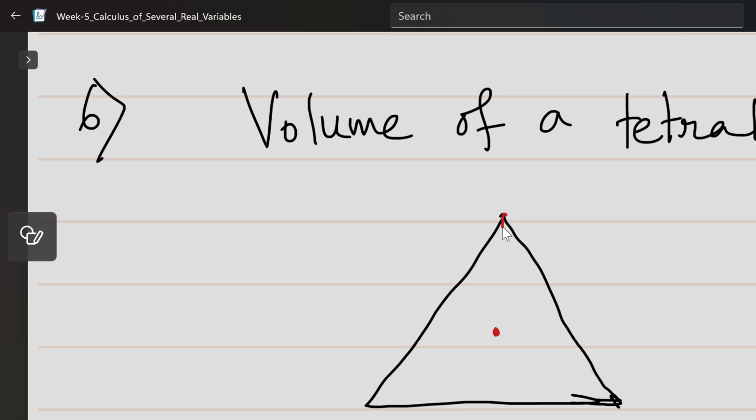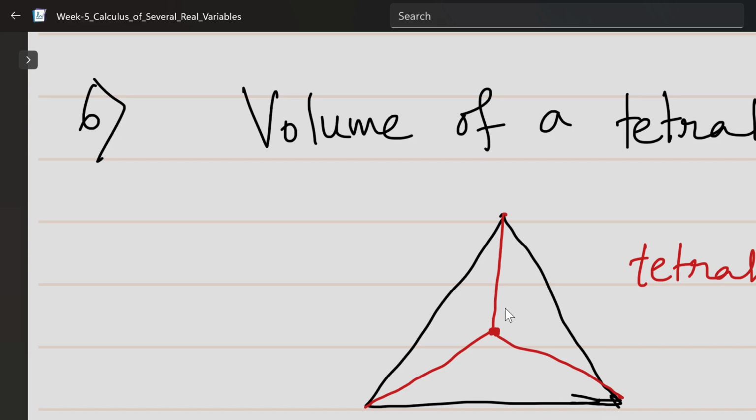Now join the point to the vertices of the triangle, and you will get a tetrahedron. So a tetrahedron has a triangle as base, and one point not in the same plane, joined to the vertices of the triangle. This is the definition of a tetrahedron.